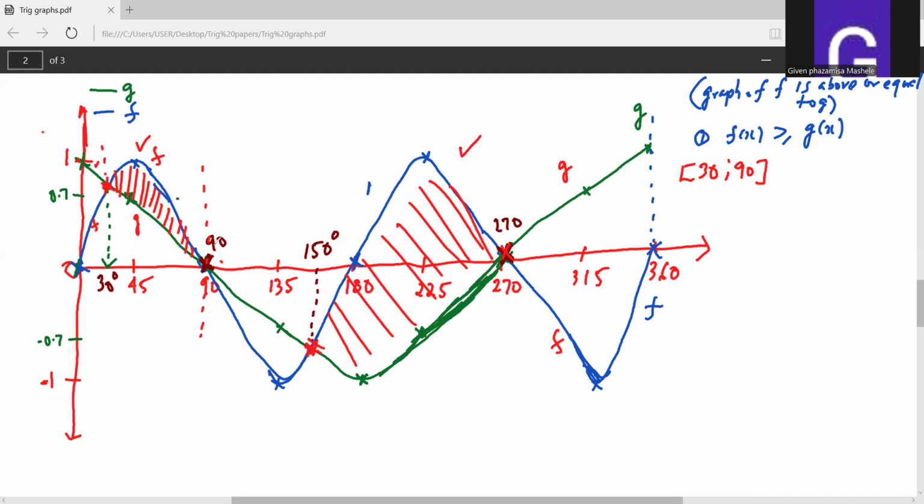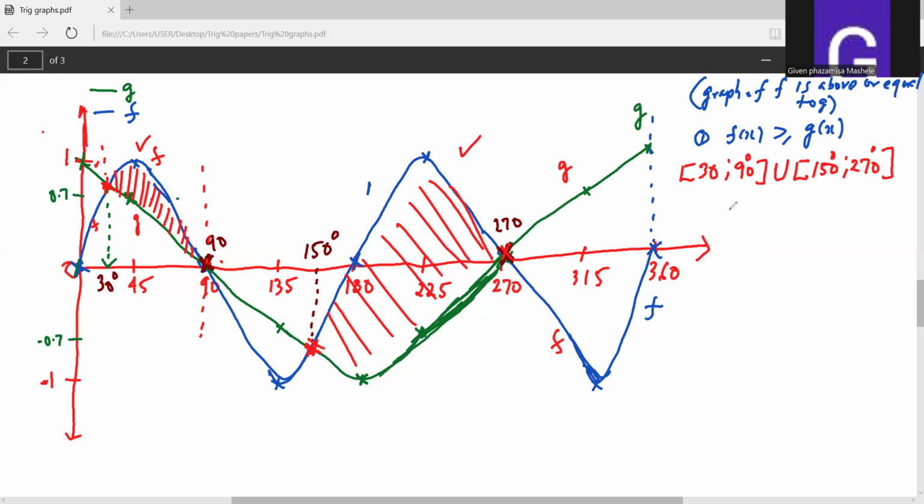Or again, from 150 straight to 270 degrees. So this is our answer. We can also express this in terms of x.